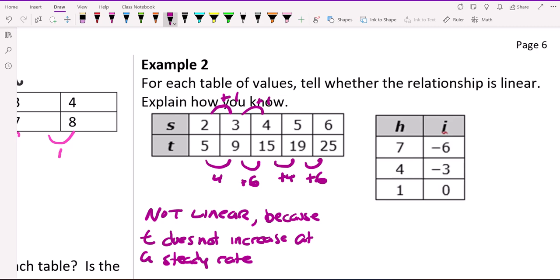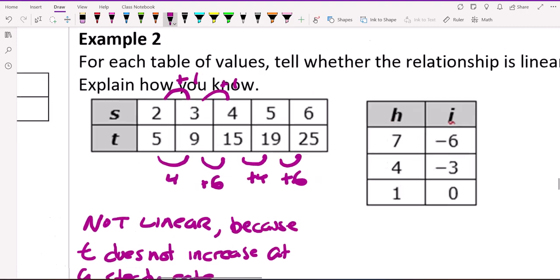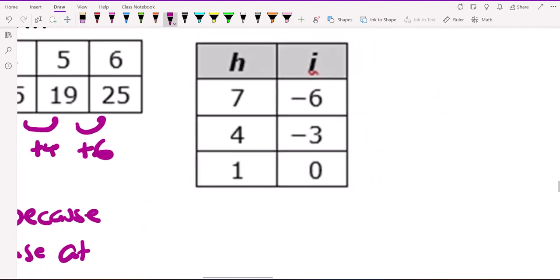Okay. Let's look at the H and the I. Is this linear? Okay. Sammy's saying yes. How's H changing each time? It's going down by 3. This to this is going down by 3, so minus 3 each time. How about I?